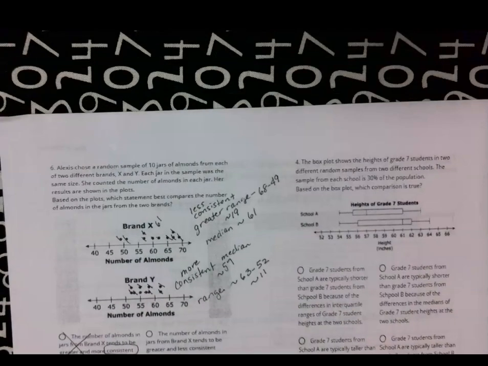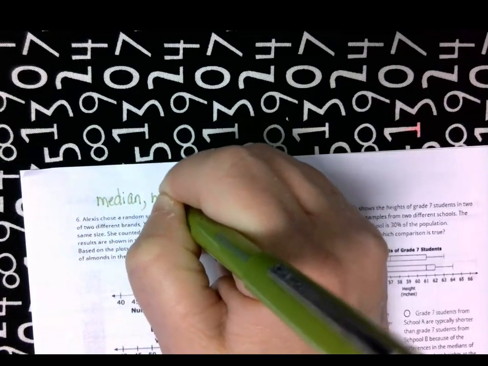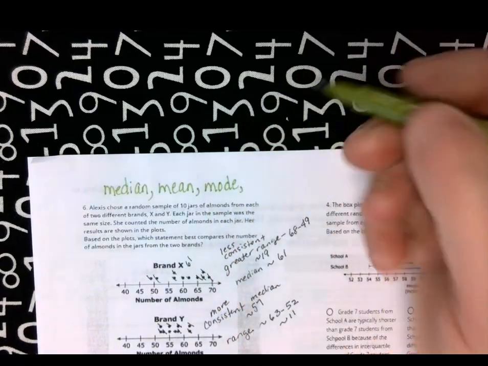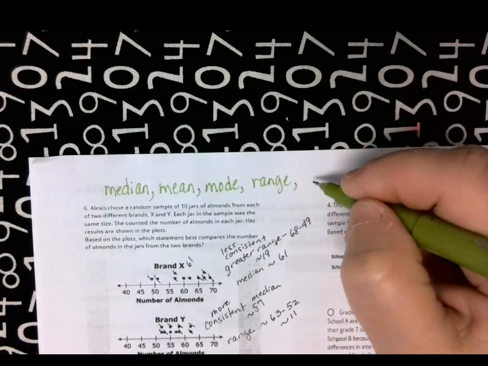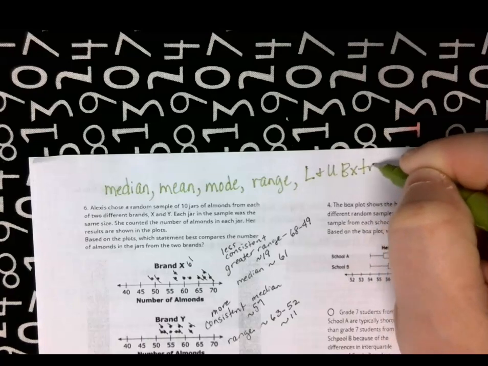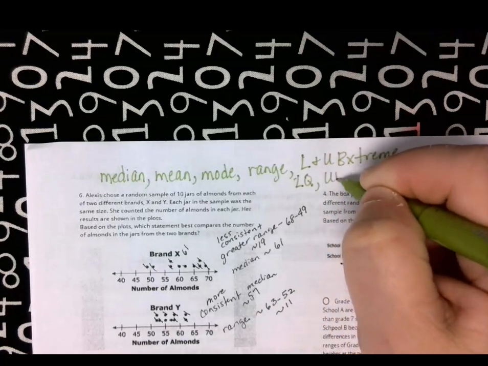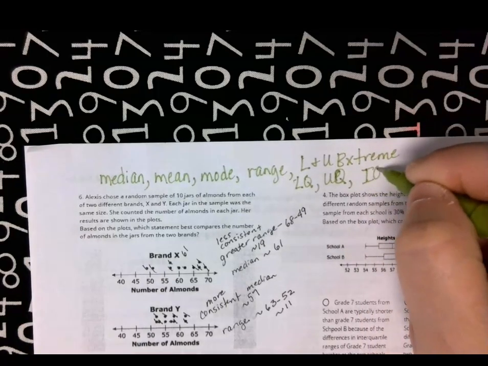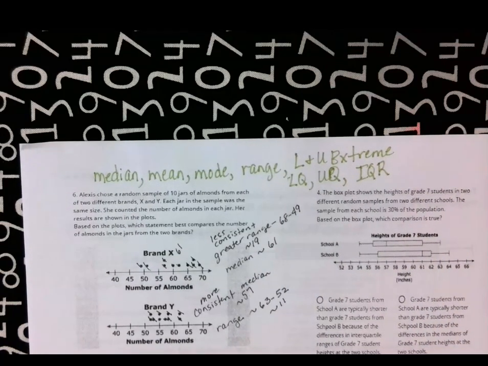Key vocabulary is median, mean, probably not mode so much, the range, the lower and upper extremes, the lower quartile, the upper quartile, always want to put the P, and then the IQR, which is the interquartile range. So all of those are words that you will be hearing and looking at.